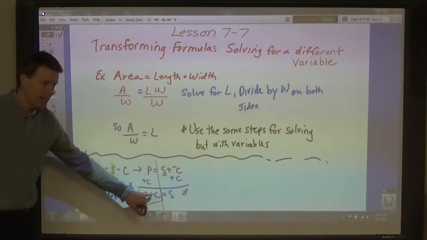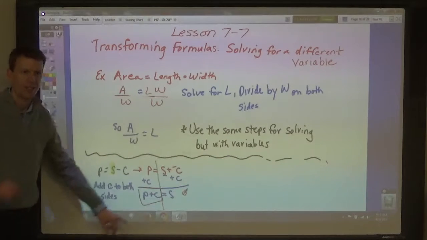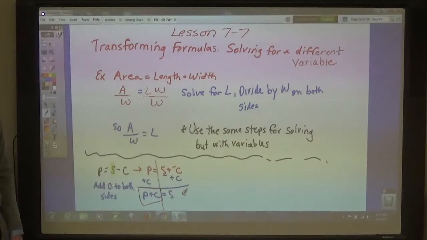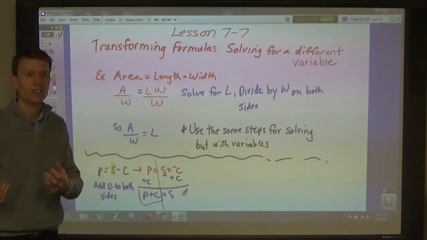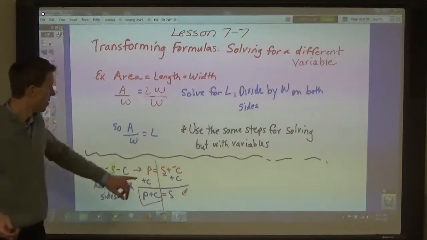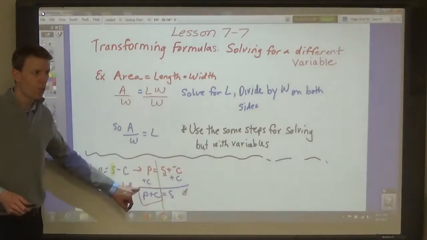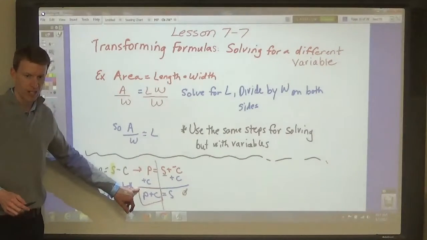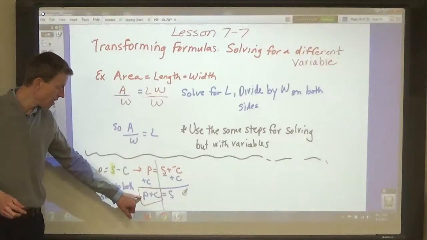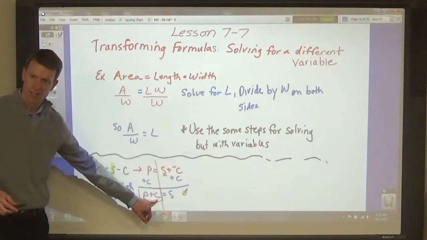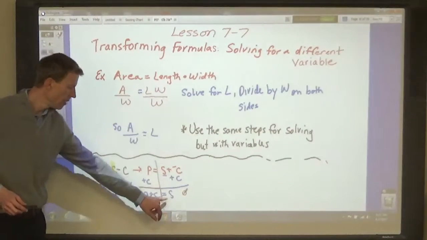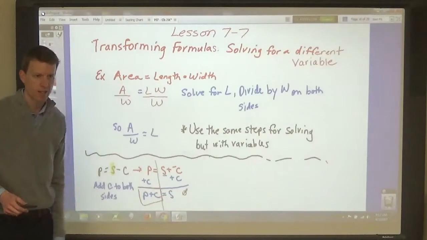Why can't you add these two together? Because they're letters. And they're not like terms. These are not like terms. One P and one C. Okay? We just have to leave it as P plus C. So P plus C equals S.